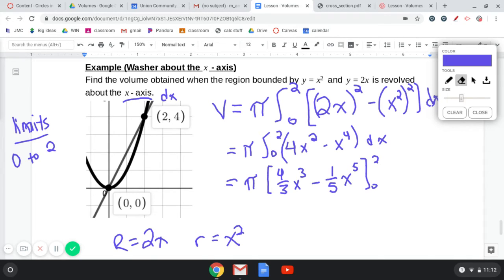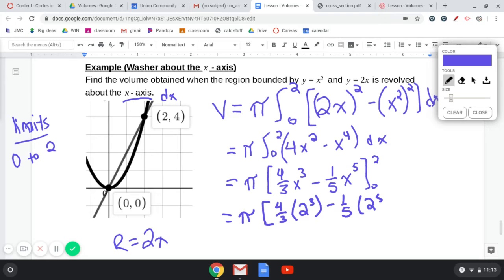The fundamental theorem of calculus says that we first plug in a 2 for all of our x's. This is going to be 4/3 times 2 cubed minus 1/5 times 2 to the 5th. Minus, plug in 0 for x, but if you notice, the first term becomes 0 and the second term becomes 0, so you end up just subtracting 0.